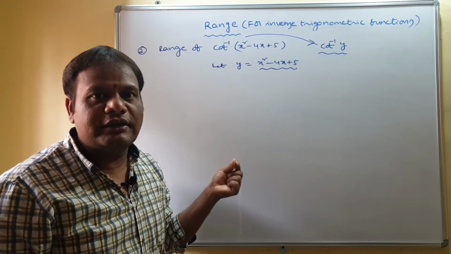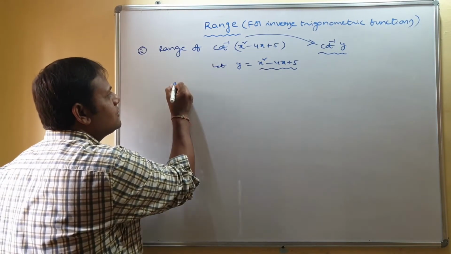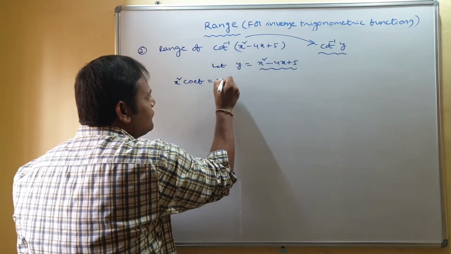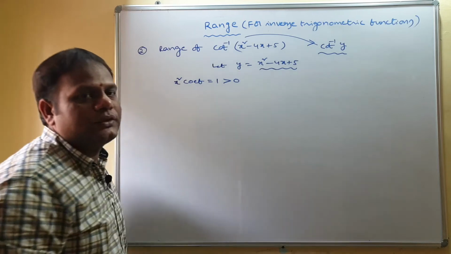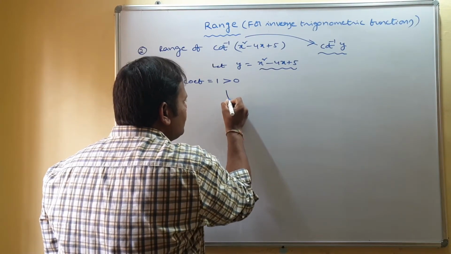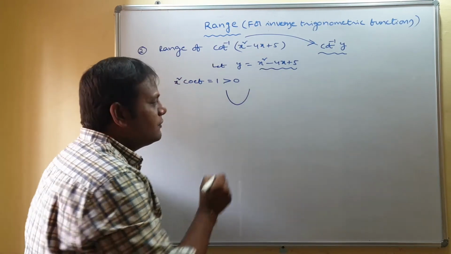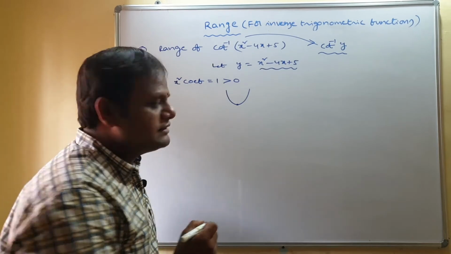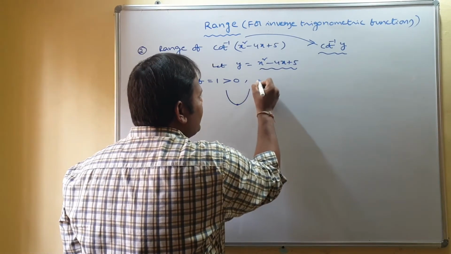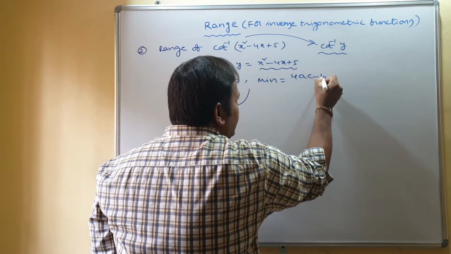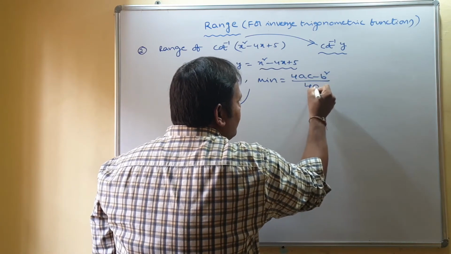We know how to find the range of a quadratic. First we take the x square coefficient. What is it? 1. Is it positive? Yes, it is positive. So it is an open upward parabola. For an open upward parabola, what will exist? The least exists, that is the minimum. So what is the minimum value? 4ac minus b square by 4a.